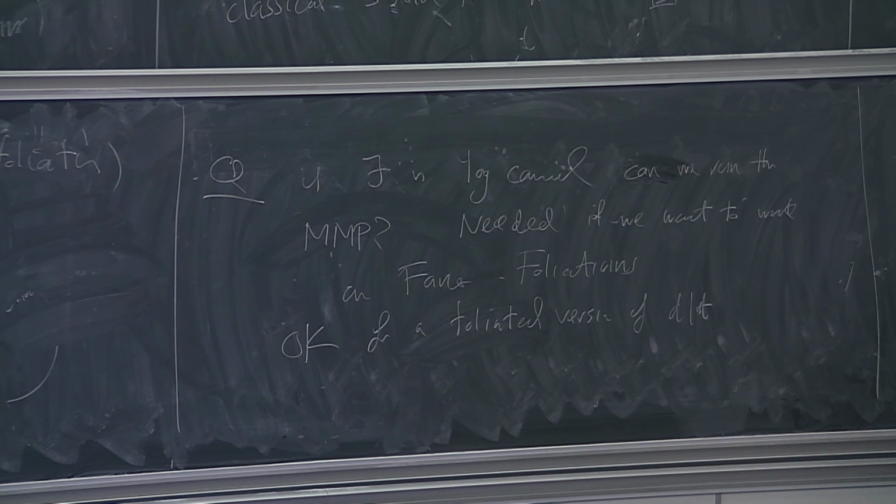Definition. Let X and F be a foliation on some variety, not necessarily smooth. Let pi from X tilde to X be a birational modification, or birational morphism.